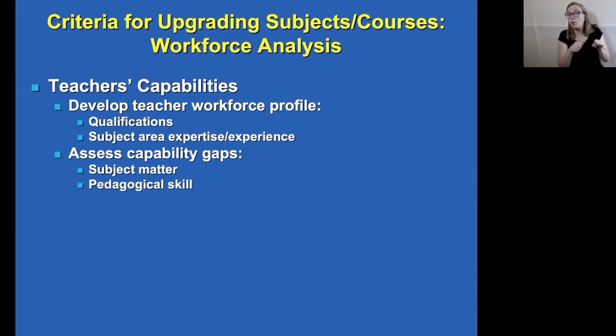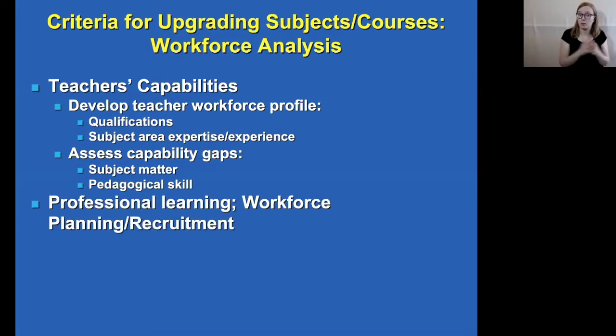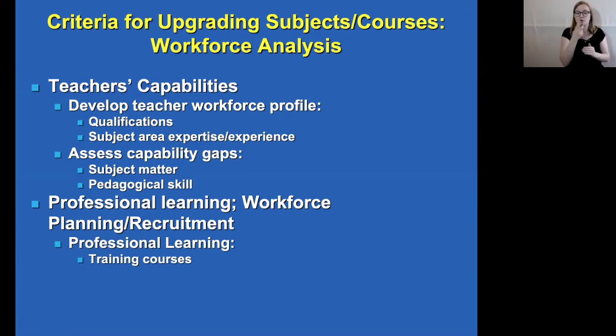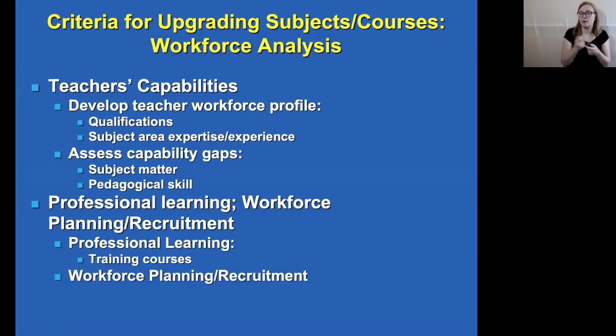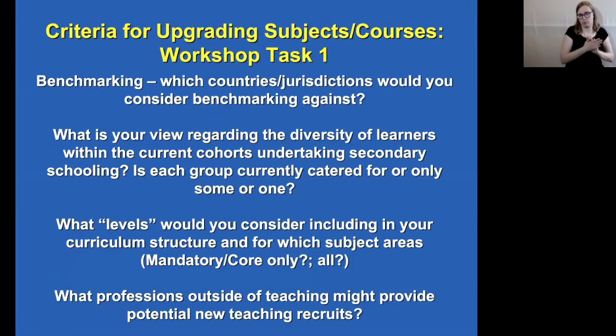Their pedagogical skills, and of course this might mean if you've got new subjects, bringing in new people, and professional learning, workforce planning and recruitment, training courses that you need to put in place, planning for those, redeployment, retraining of teachers into new courses, new subject areas, or from other forms of employment into teaching, recruiting and training.